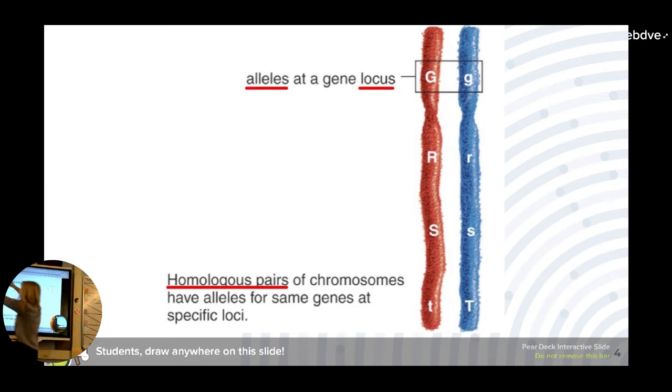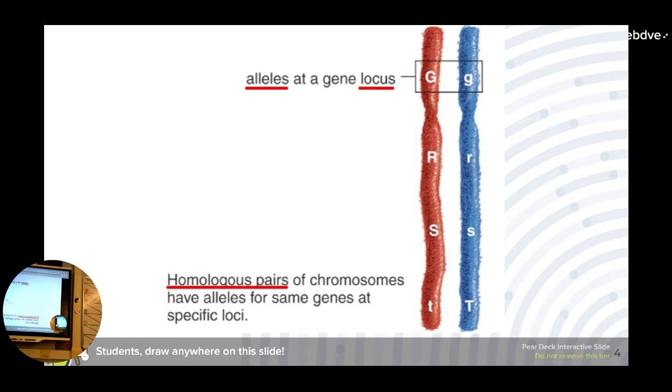Can I see the law of independent assortment here? No. When I am looking at alleles on the same chromosome, they do not assort independently of each other. What do you call those genes that are on the same chromosome? These genes are all what? Linked genes, right?